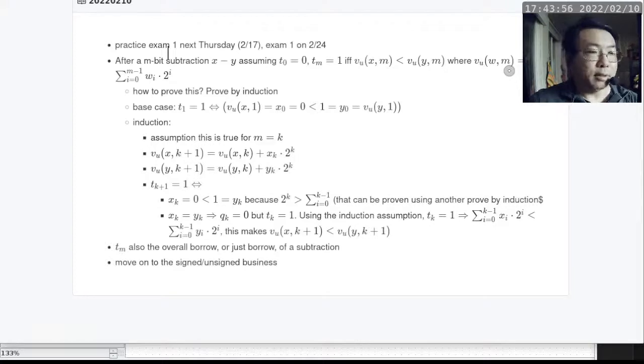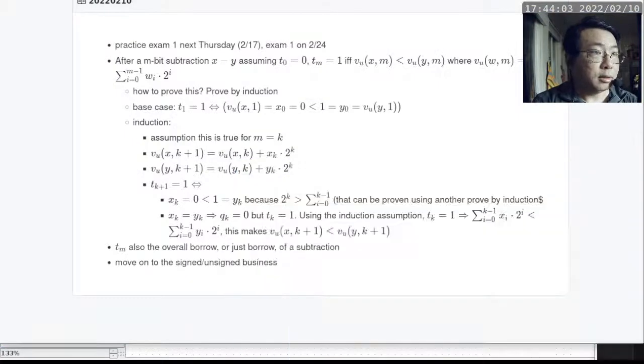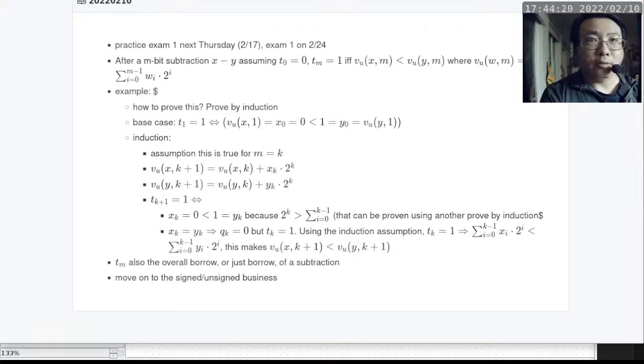All right, so examples may help. Let me go ahead and see if I can give you an example. Example: I'm going to type in VU, so V is value, U is unsigned, so VU is really just unsigned value.